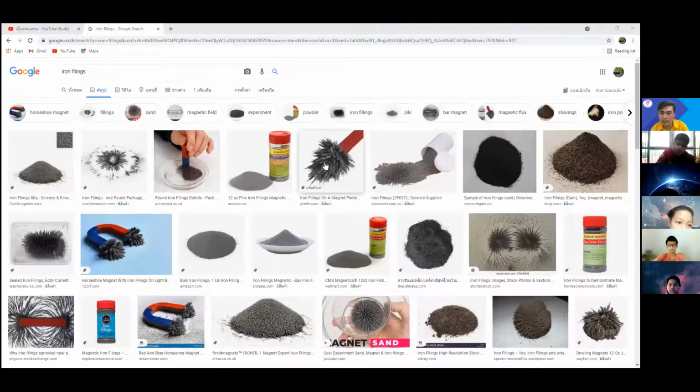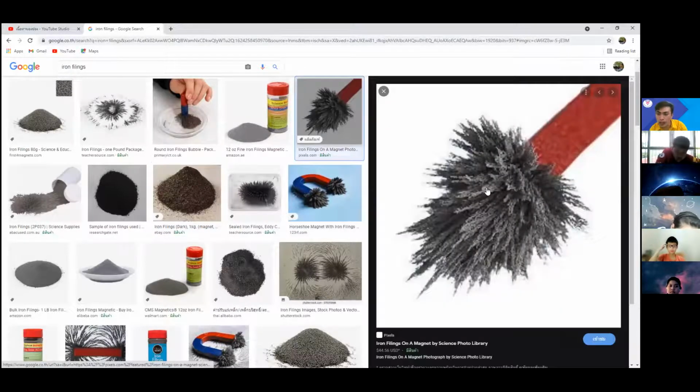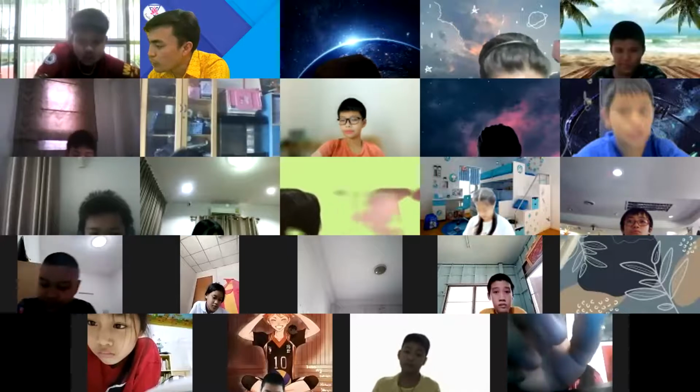These iron fillings are like sand. They are very, very small, yet they are made of metal. So if you put a magnet near them, they will be attracted to the magnet. Understood? All right, so that is the iron fillings.